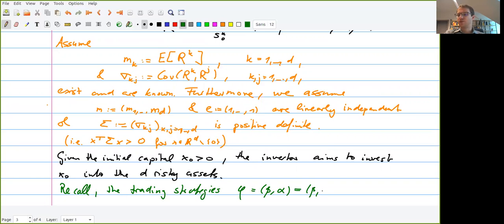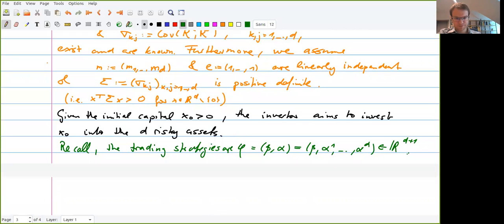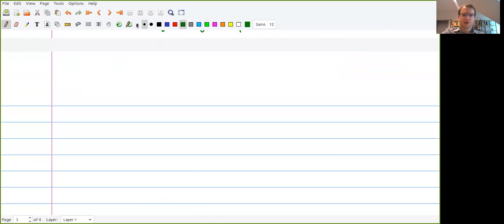So beta denotes the amount we have in the risky assets and the risk-free asset, and the d alphas, they denote this. So here the trading strategies are just real numbers. This is as before. Okay, so this is clear.